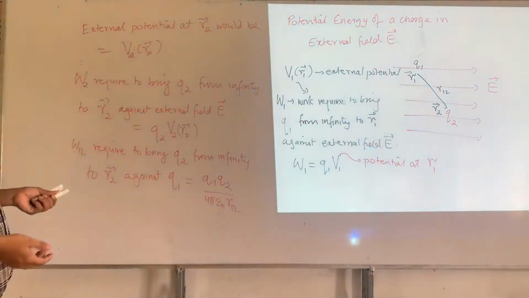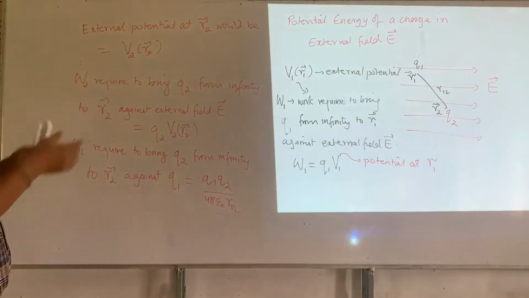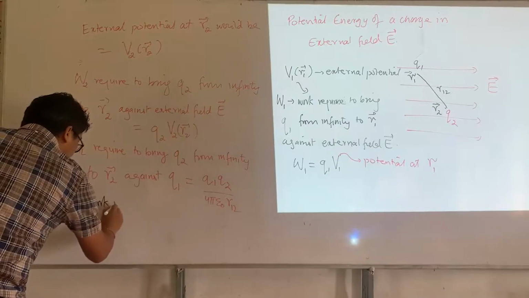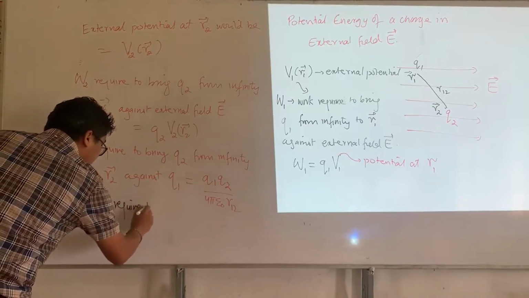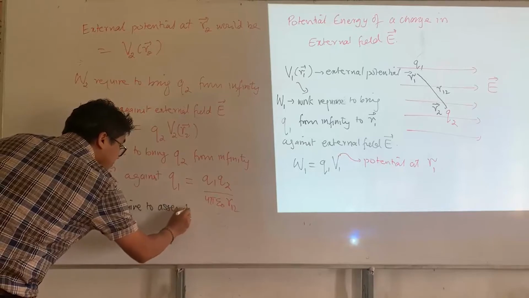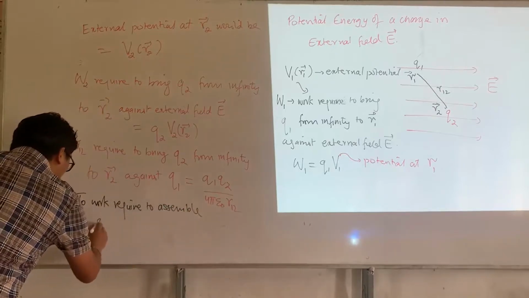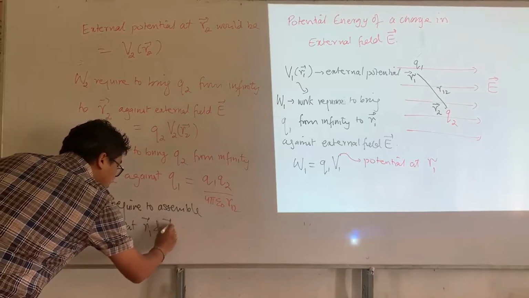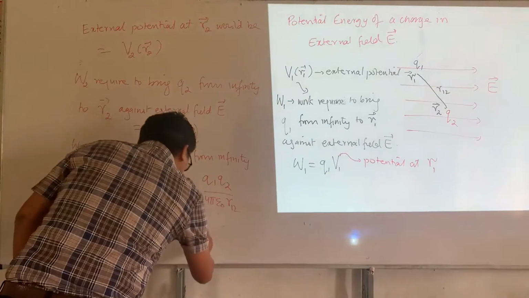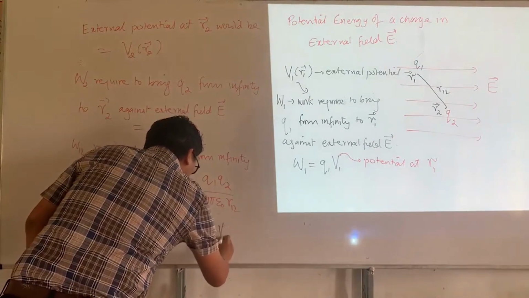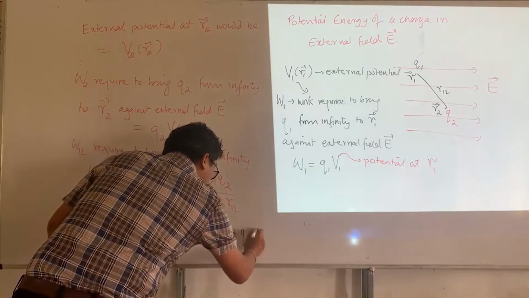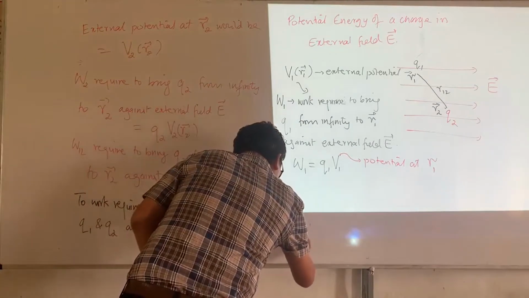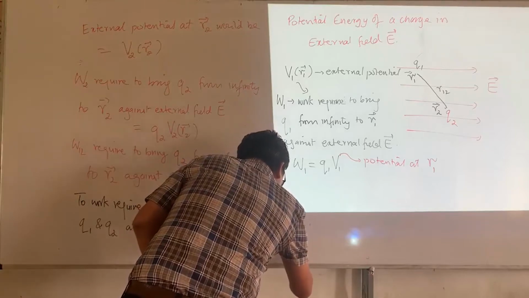So, how much work is required to assemble Q1 and Q2 in the external electric field? The total work to assemble Q1 and Q2 at R1 and R2 is equal to Q1 V1 plus Q2 V2 plus Q1 Q2 divided by 4 pi epsilon naught R12.